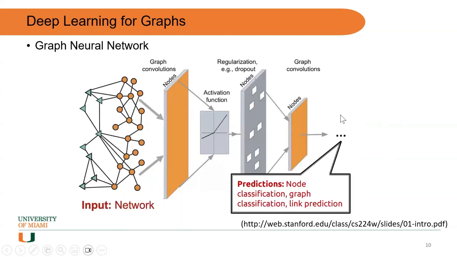Nowadays, a lot of people are using graph neural networks to study network graphs. And we can use the output of the graph neural network for prediction, classification, and different regression tasks.